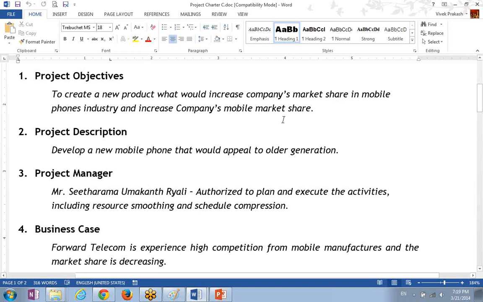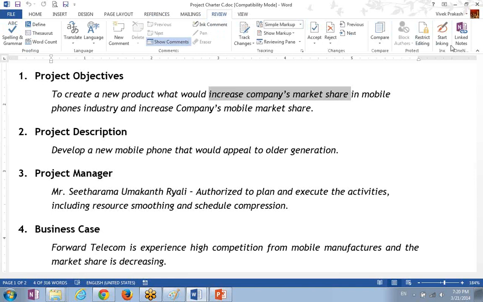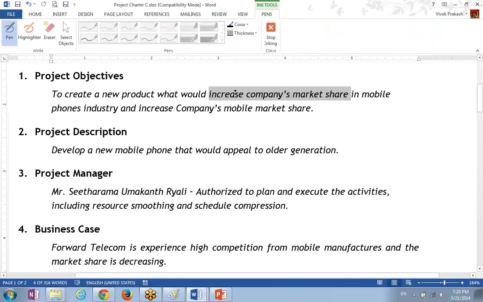One thing about objectives is that they should be measurable. When we say increase market share, it doesn't give any idea how much. You can say, for example, increase the market share by 20%.